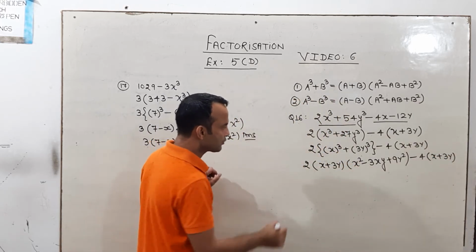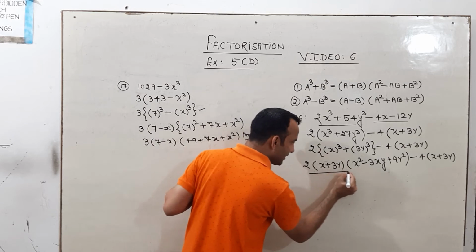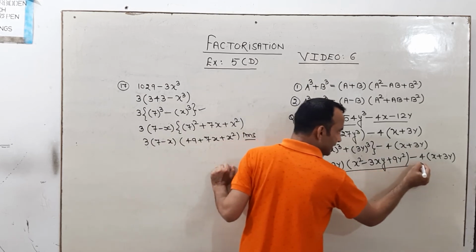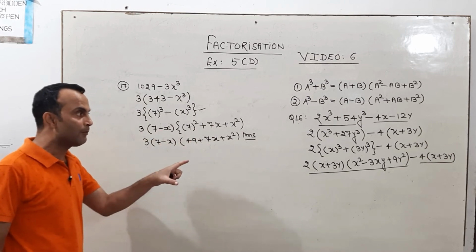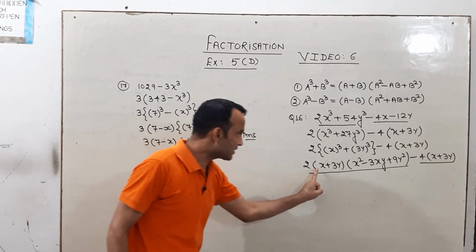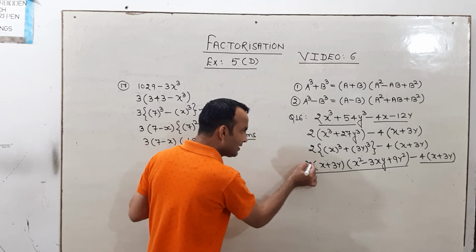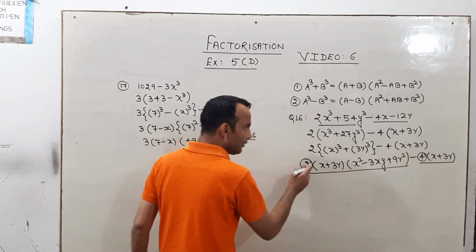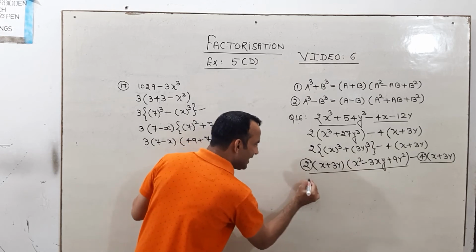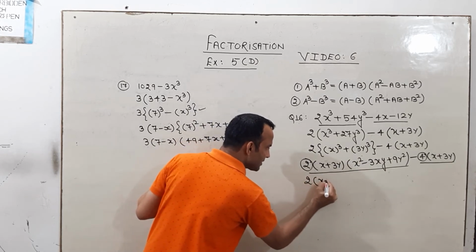Okay, now dear students, if this part is the first expression and this part is the second expression, then what is common between both of these parts? You can see x plus 3y is common. 2 is also common. Take 2 and here 4 is given. Between 2 and 4 what is common? 2. So we can take common 2 times of x plus 3y.